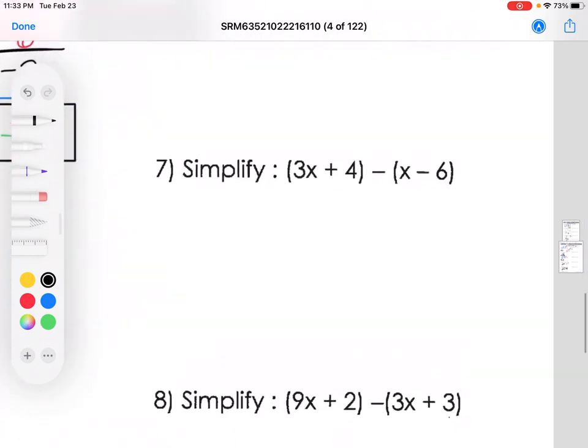Okay, so just to show you a different problem, we're going to say that there is a 2 and a 3 in front of these. Actually, let's make that less confusing.